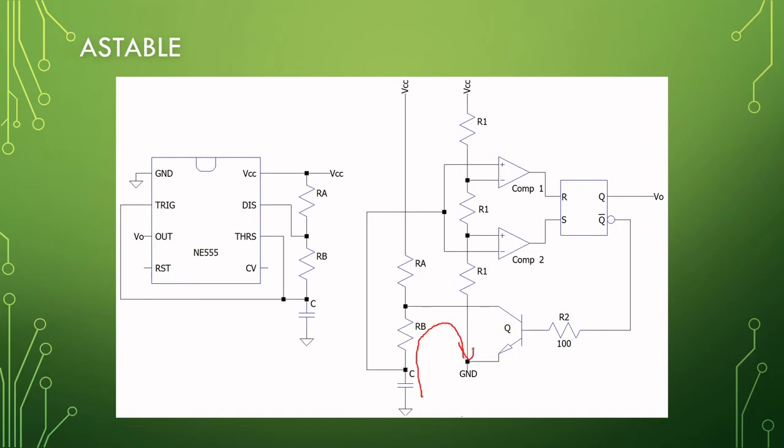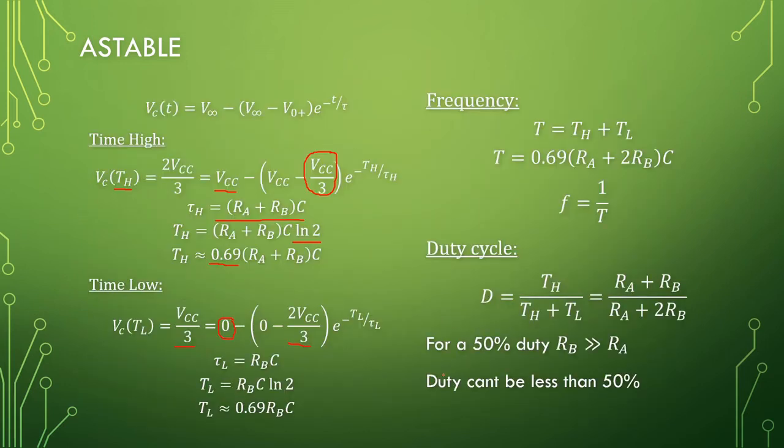So the path is only RB and C. Right, so our time constant is RB C ln 2, so 0.69 RB C. So the period is when the two times are added to one another. So it's 0.69 times (RA plus 2 times RB) times C, and frequency is 1 over T.